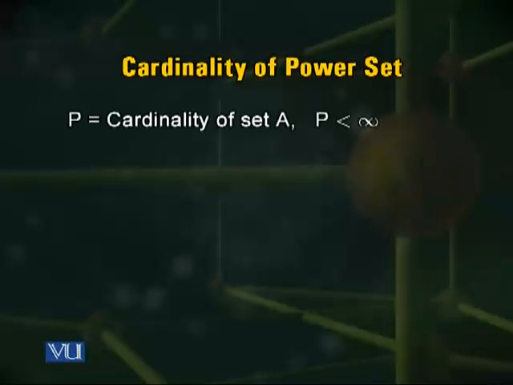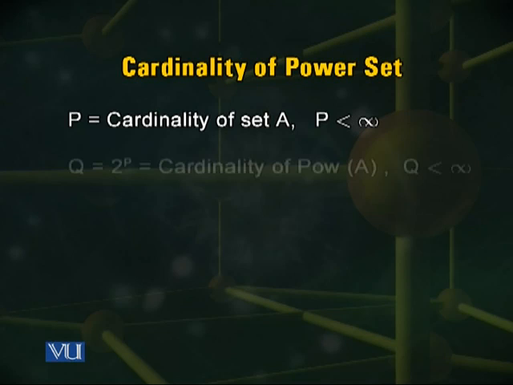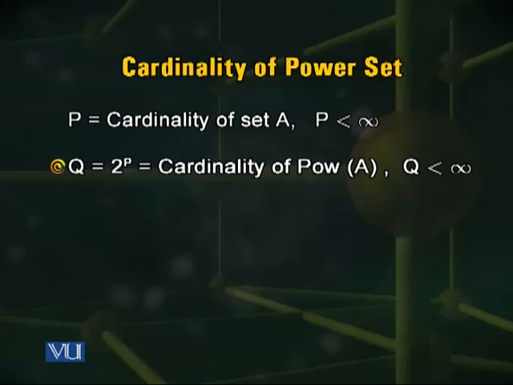Suppose the set A is a finite set and its cardinality, that is the total number of elements in A, is P, where P is a finite number. Then Q is the cardinality of the power set of A, and this is 2 raised to power P, and if P is finite, then obviously Q is also finite.